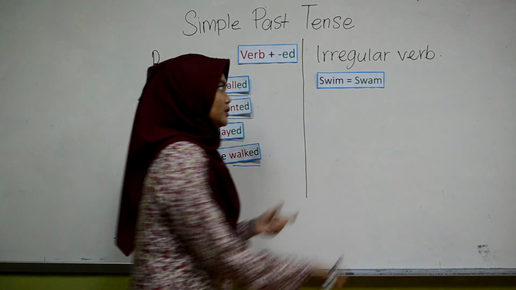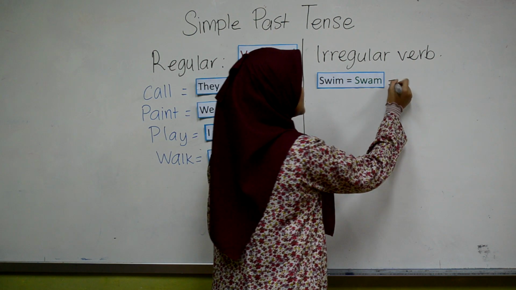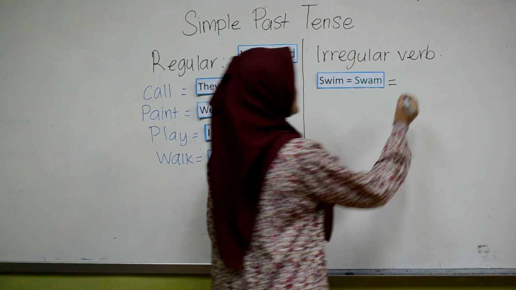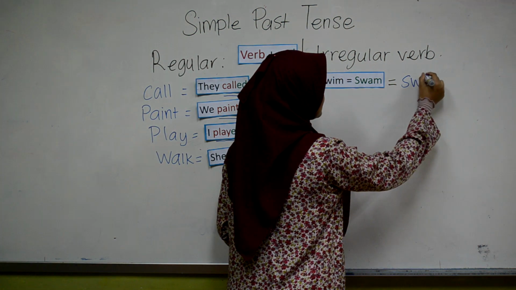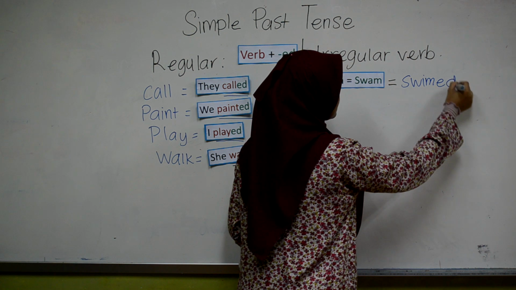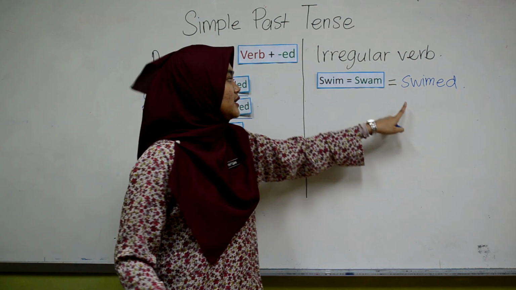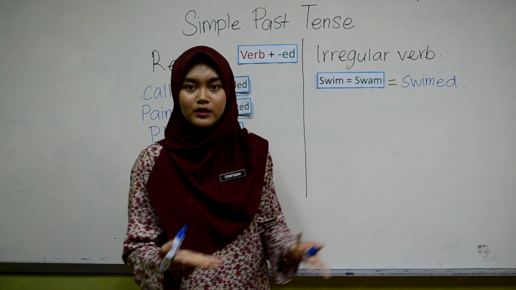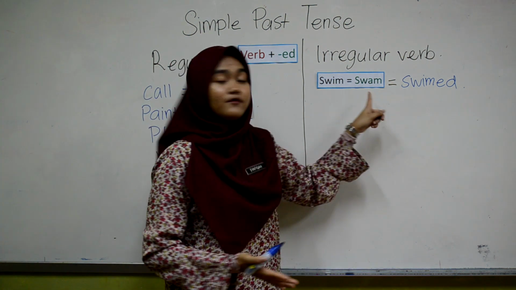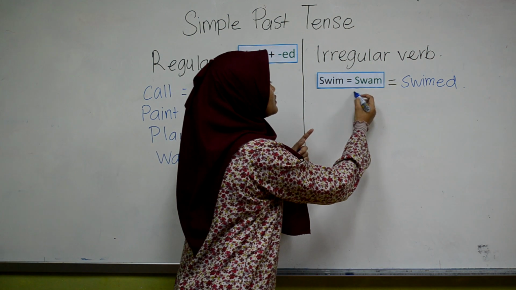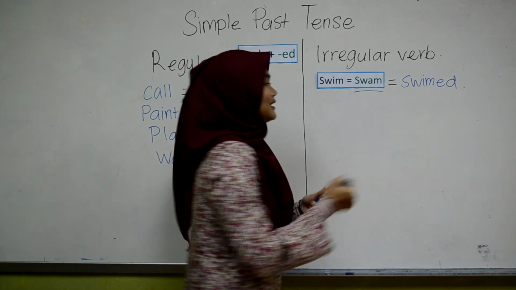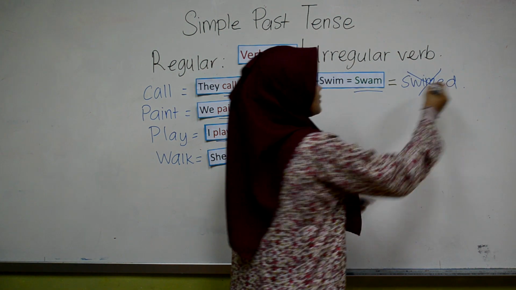Many students make this mistake where they write swim plus ed. This is totally wrong because swim is not a regular verb, and the past tense form of swim is swam.